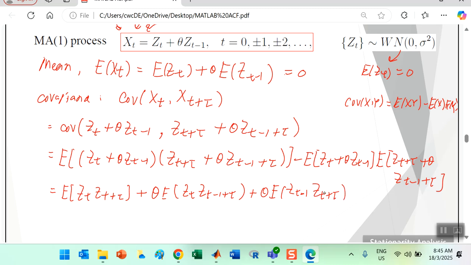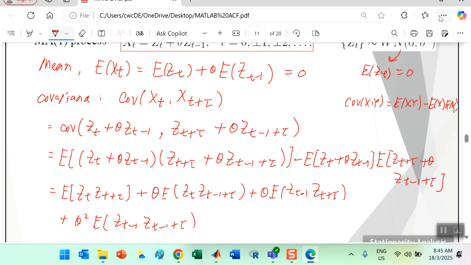Lastly, the term with theta squared. So these will be the four terms that contribute to your covariance value.